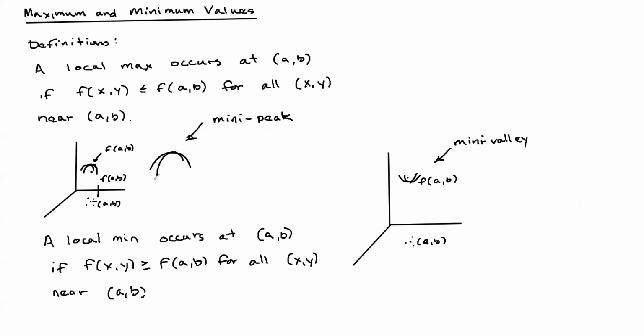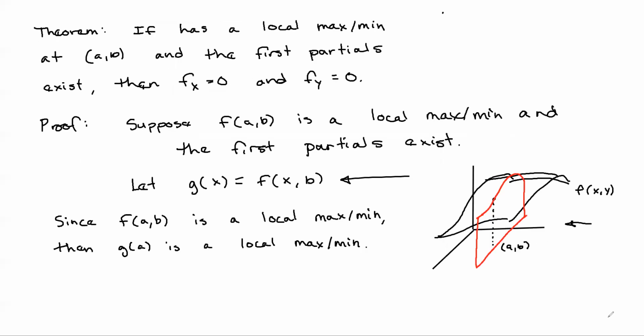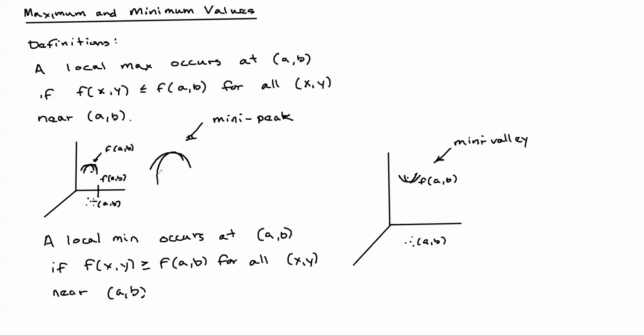If we cut through this object by setting y equal to b like we did here, you'd get this shape for your cross section. If you looked at it up the y-axis, you'd still see just 2 dimensions, a curve that looked like that. So you'd still get a peak, or in this case, a little valley in our 2-dimensional surface if you looked up the y-axis.